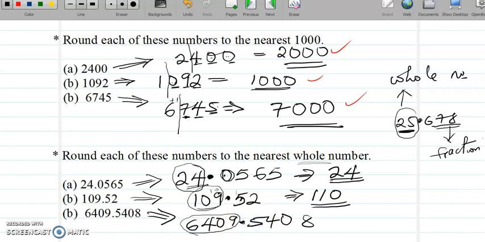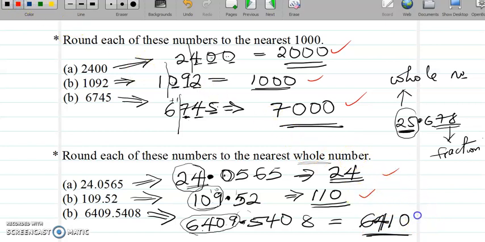This is 5. Since it is 5, we are going to round this up. So if it's 5, I'll add 1 here. So 6,409 plus 1 will be 6,410. This is because I added 1 here. So this will be 6,410. So that gives us the answer to the question.